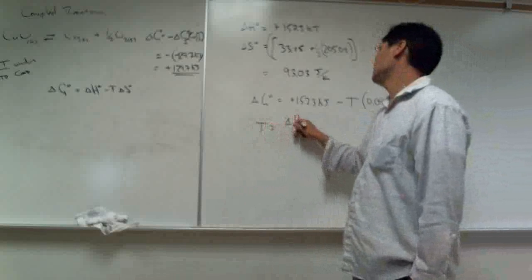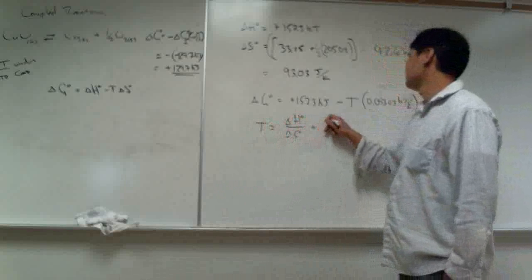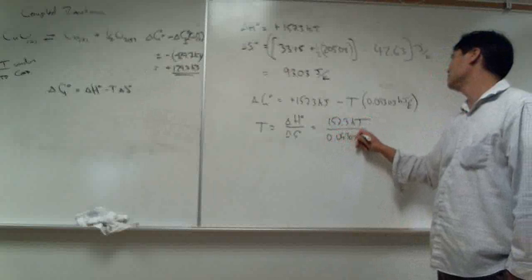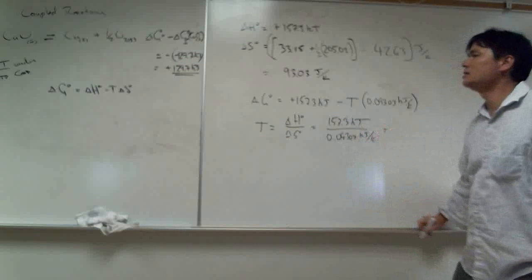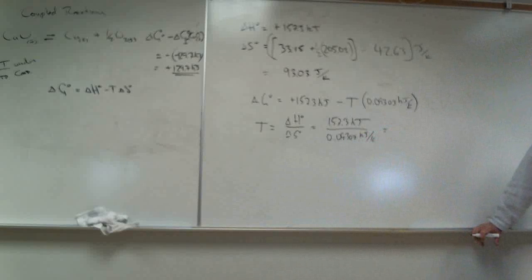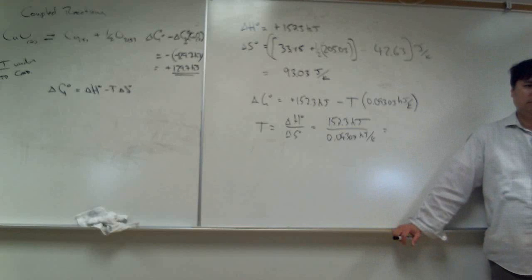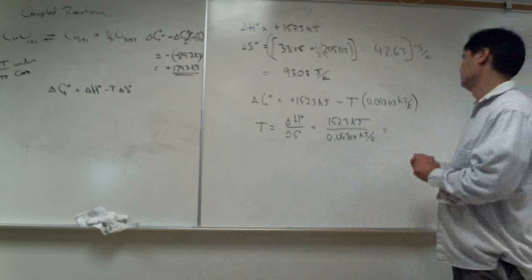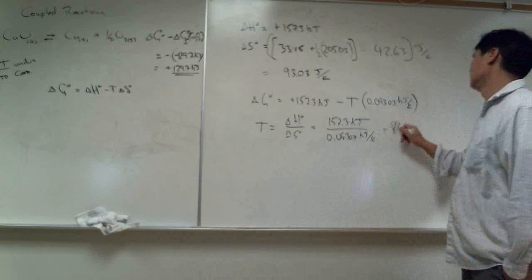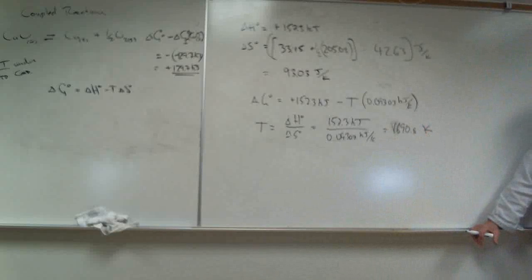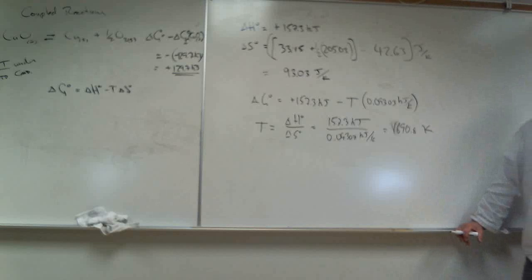Well, the temperature is just going to equal delta H over delta S. In other words, 157.3 kilojoules over 0.09303 kilojoules per Kelvin, which means the temperature should be raised to 1690.8 Kelvin. All right, is this okay?